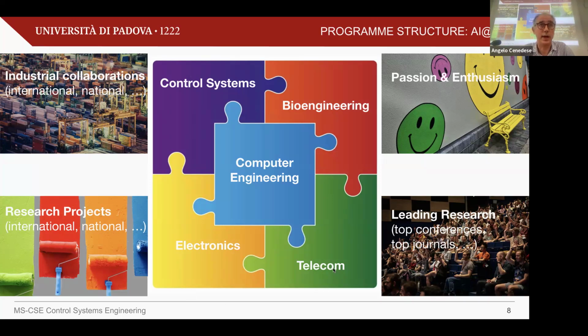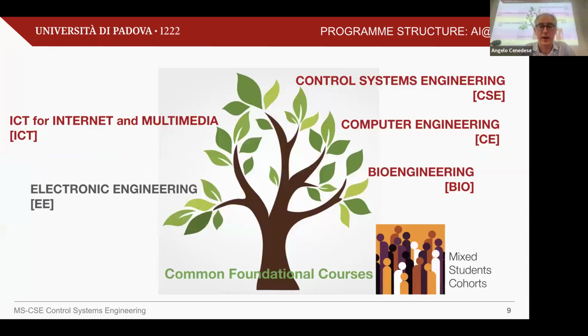All these curricula will share the same classes. In practice, we have a set of courses with mixed student cohorts that are attending these common foundational courses. And these are common to all the masters that we are offering.